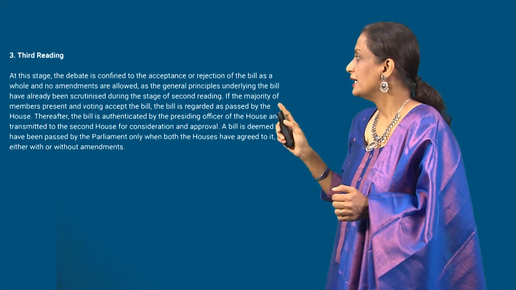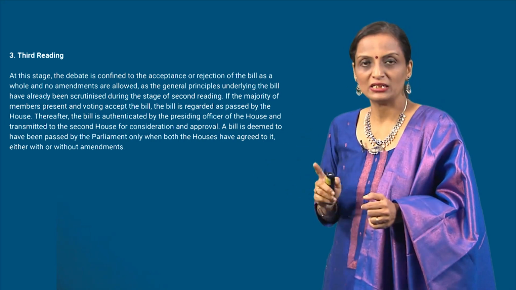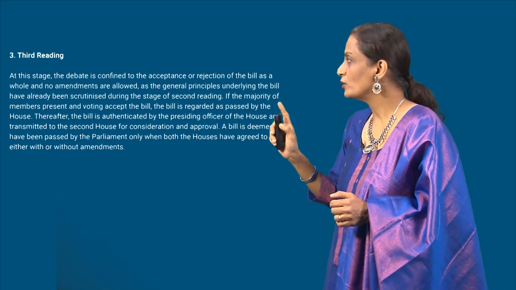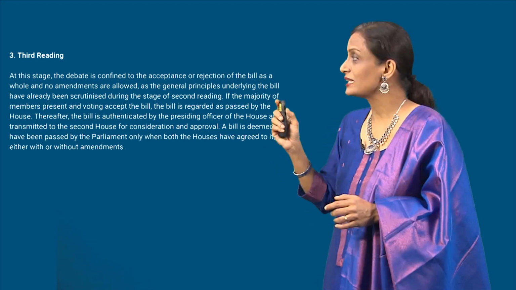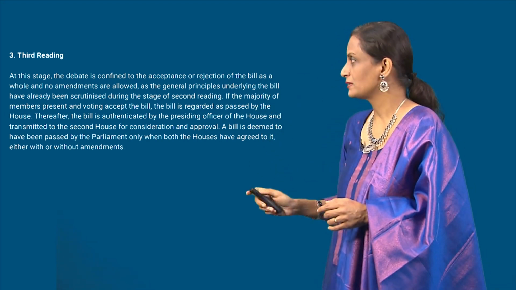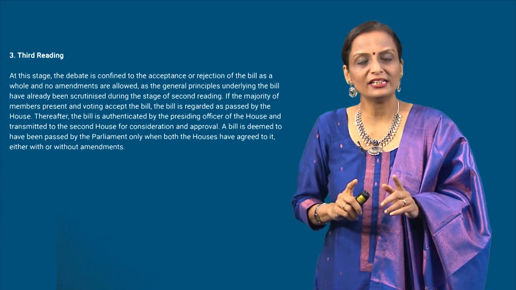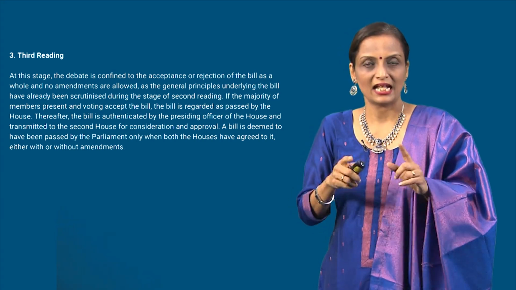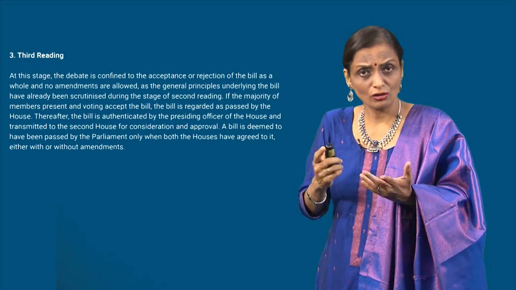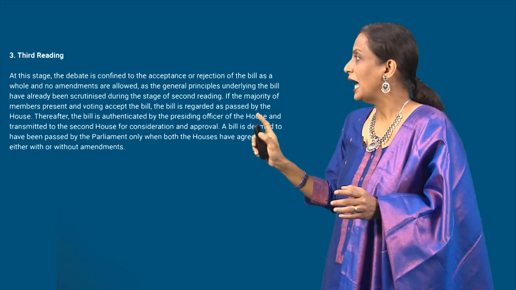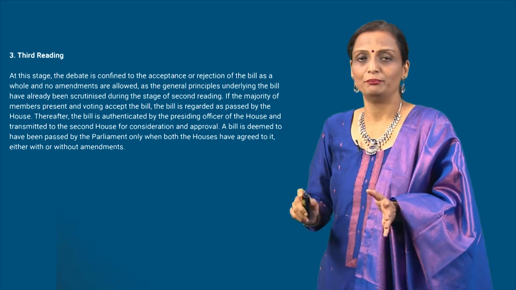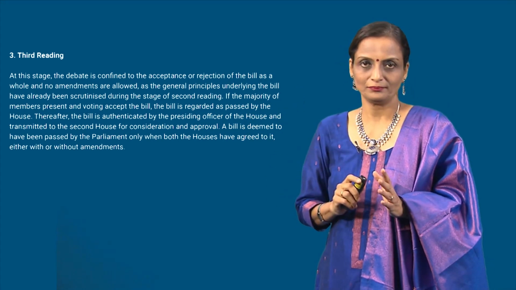If the general principles underlying the bill have already been scrutinized by the second stage, because second reading goes in depth clause by clause, and if the majority of the people present at that particular moment or on the fixed date have no problems at all, voting accepting the bill can be done.